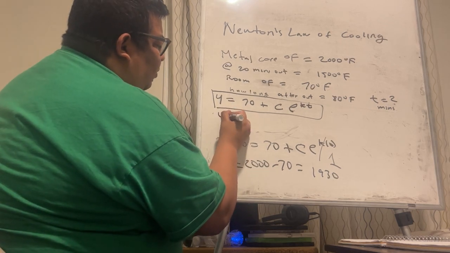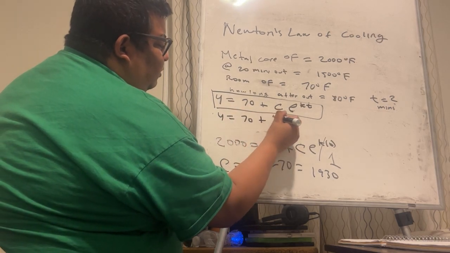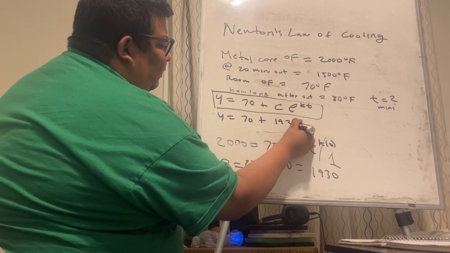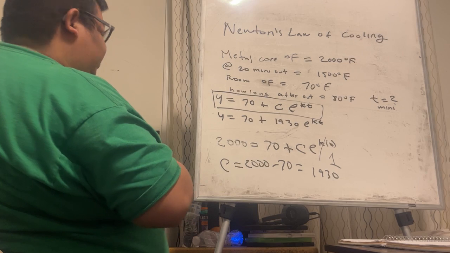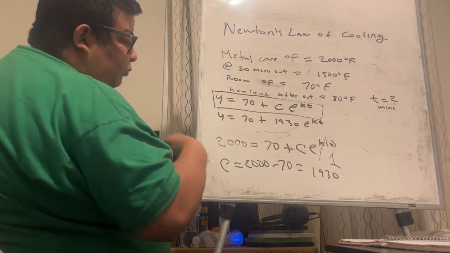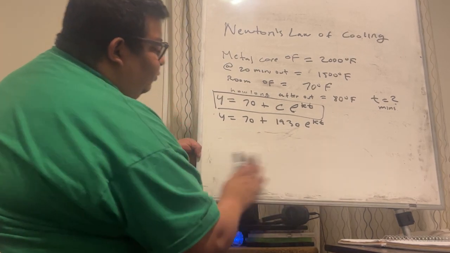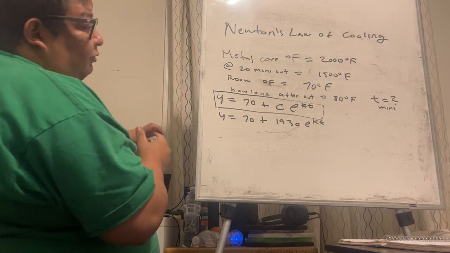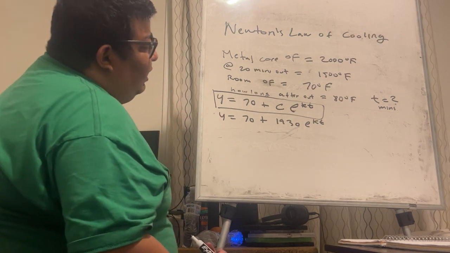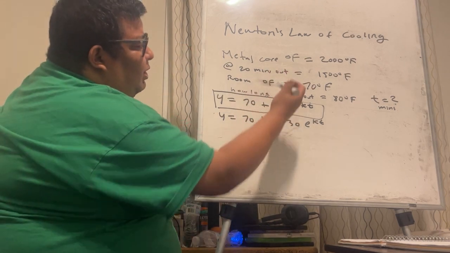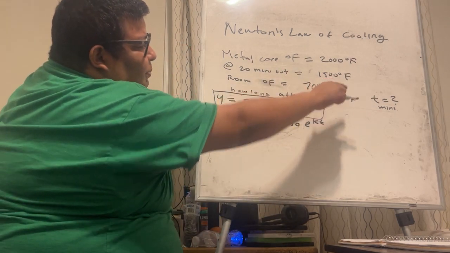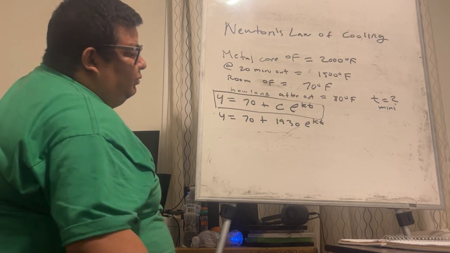So now we plug it in: y is equal to 70 plus 1930 e to the kt. Now we need to find k. We're going to use our second condition, that after 20 minutes out of the furnace, the core temperature is 1500 degrees Fahrenheit.